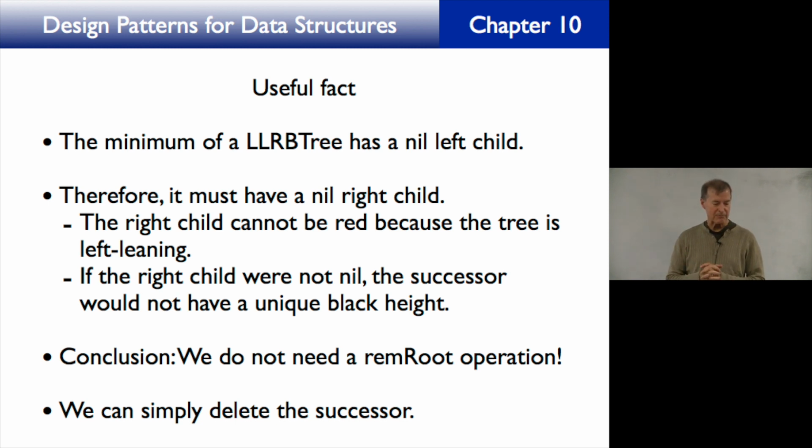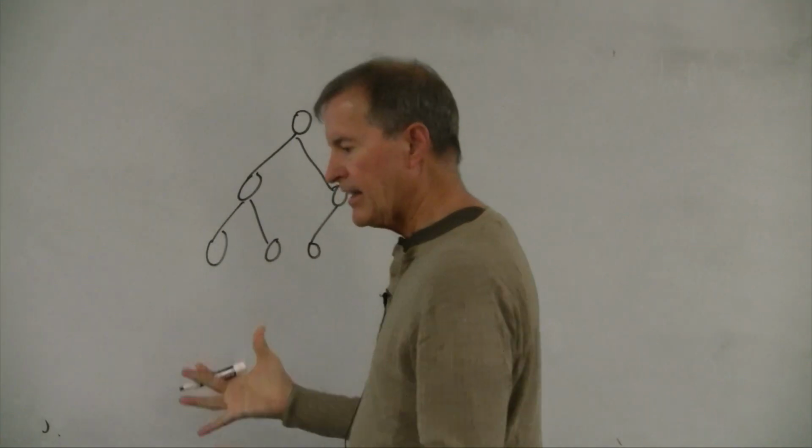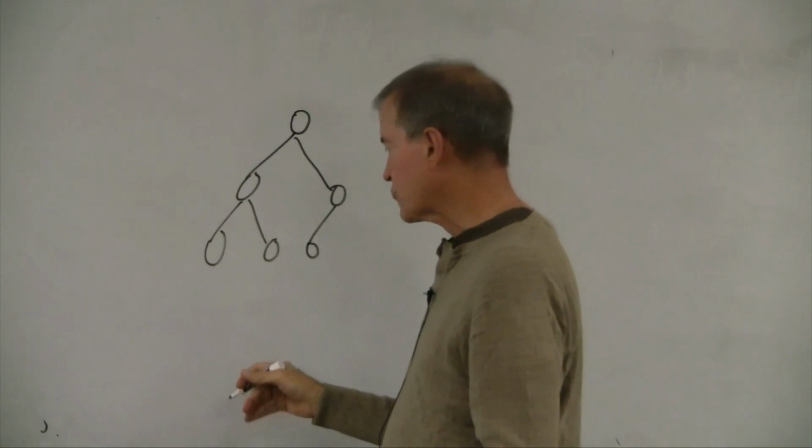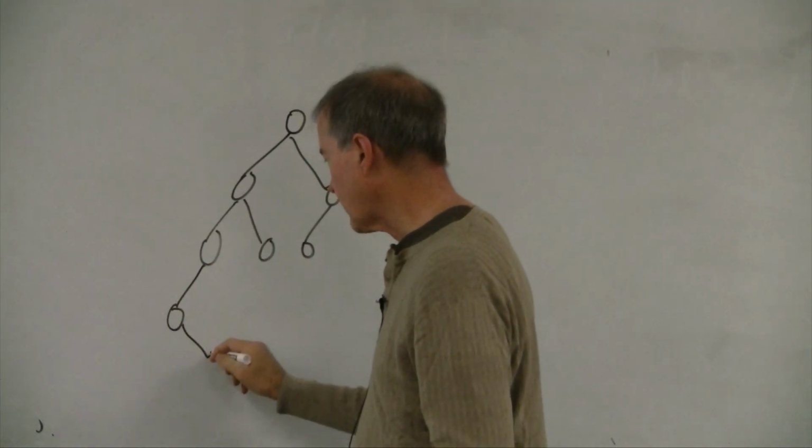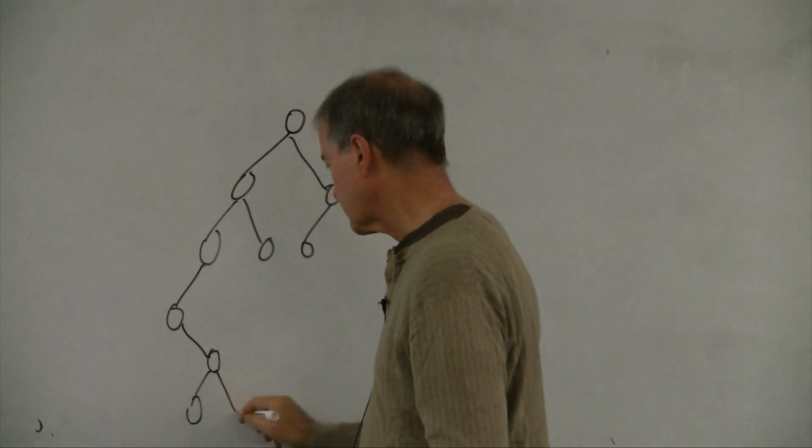Now, here is a useful fact, and we mentioned this at the end of class last time, but check this out. The minimum of an LLRB tree has a nil left child. Now, why is that? Well, in a general binary search tree, you could have a situation like this.